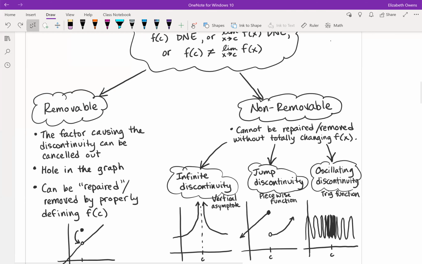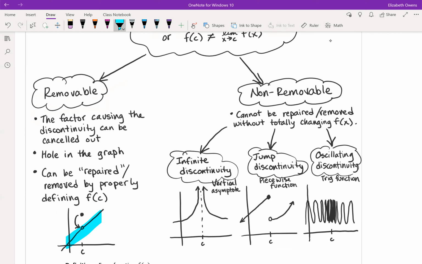Now, we have to decide removable or non-removable. If it was removable, we would have been able to quickly fix the discontinuity. We could factor and cancel out something. It's just making a hole in the graph. Ultimately, the limit is there. It's just that the function value doesn't fill in the hole in the graph.